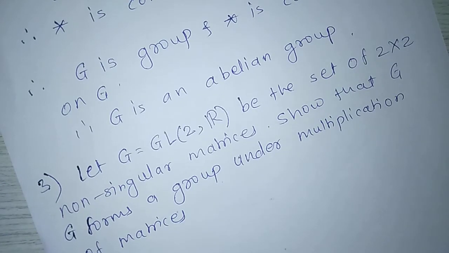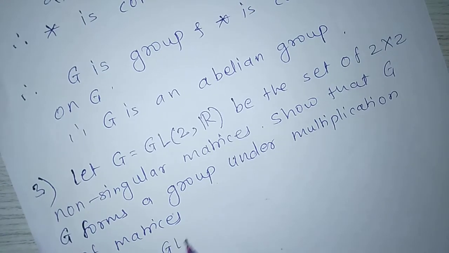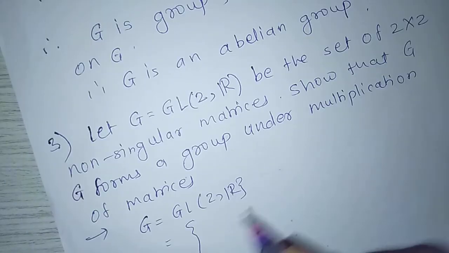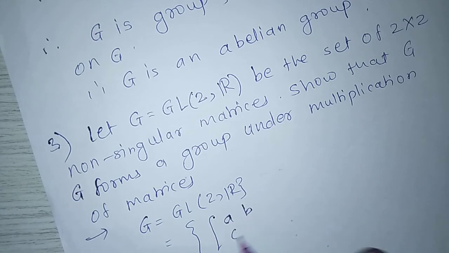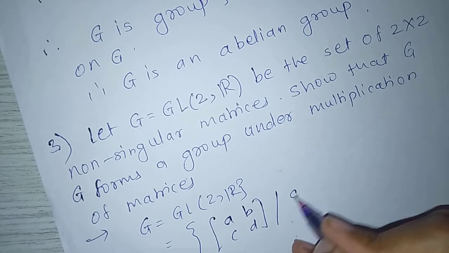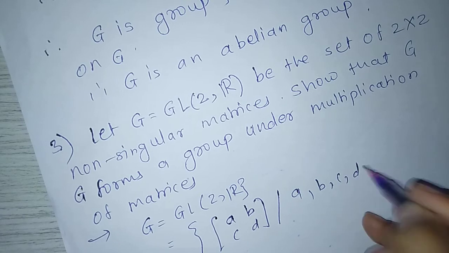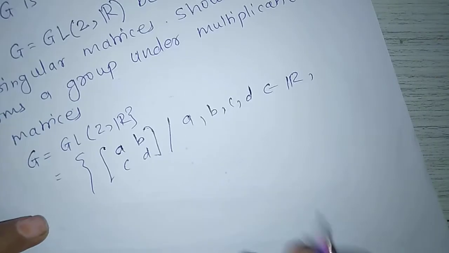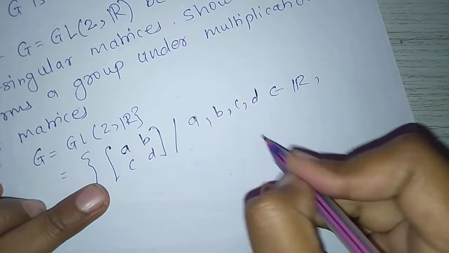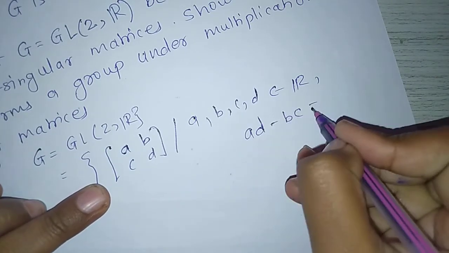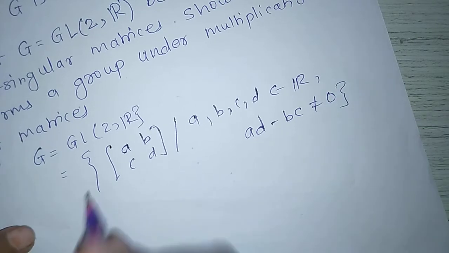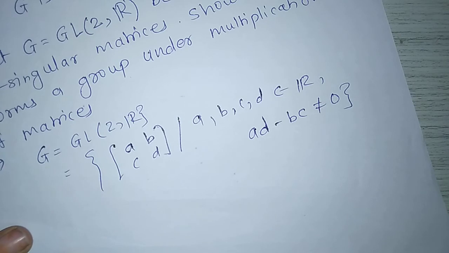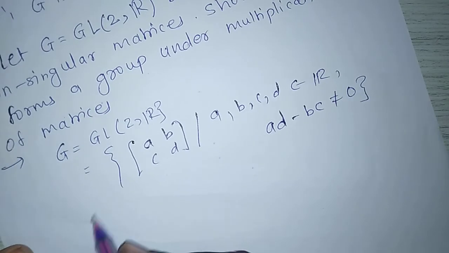Answer: G = GL(2, R) means the set of 2 by 2 matrices [a b; c d] such that a, b, c, d belong to R and the determinant of this matrix is not equal to 0. Determinant means ad - bc is not equal to 0.